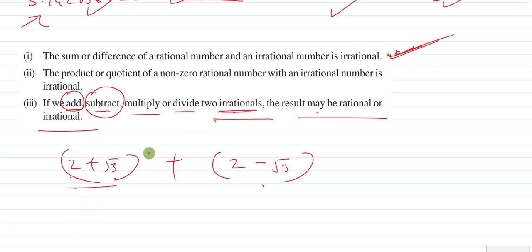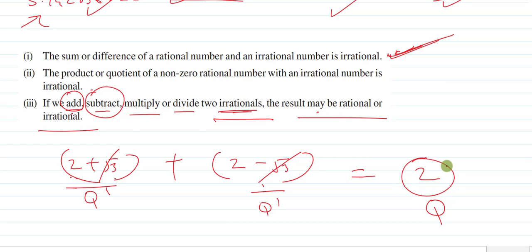So this is an irrational number, this is also an irrational number, but if we add these two irrational numbers, what will happen? The root 3 gets cancelled and the answer will be 2. That is a rational number. That's why, if we go in detail, the addition of two irrational numbers may or may not be an irrational number. Same will happen for subtraction.